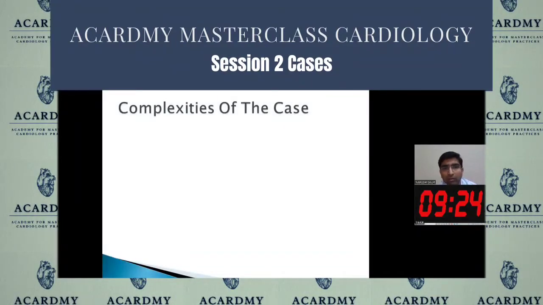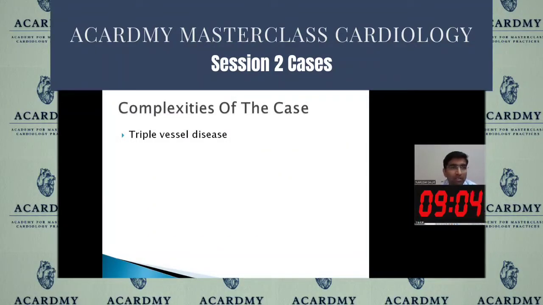So what were the complexities in front of us regarding the angiographic profile of the patient? It was a triple vessel disease, and we have already seen that it was to the extent that RCA circulation was totally compromised. In the mid RCA, it was TIMI 2 flow.